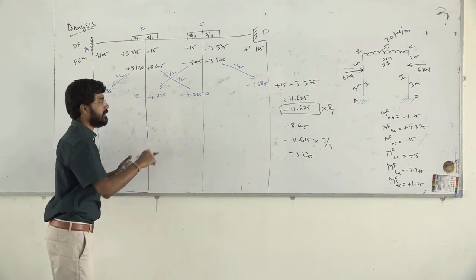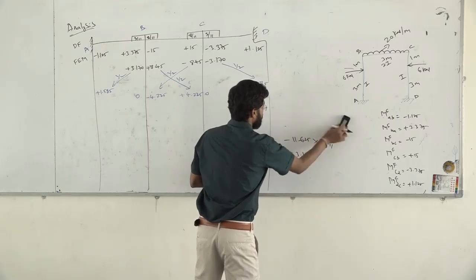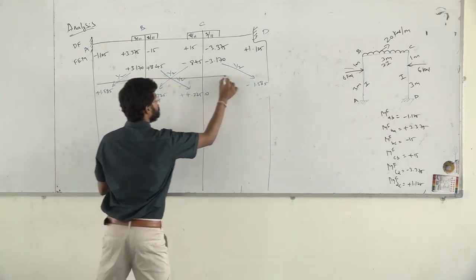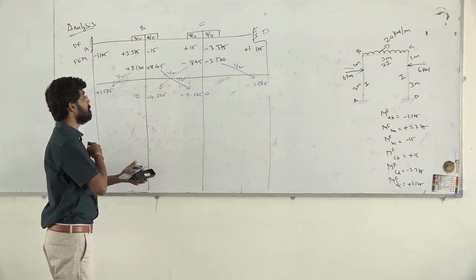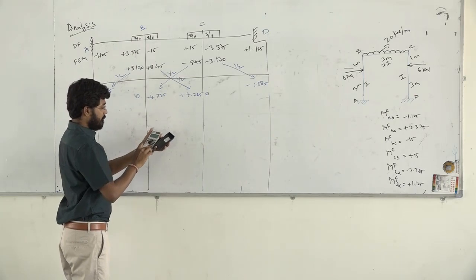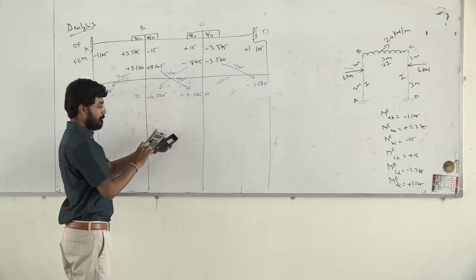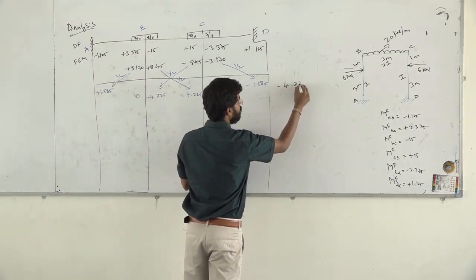Now same again we have to continue it. Now step 3, our first step is over. In the second step, we have to add these two again. 0 minus 4.225, which is minus 4.225.